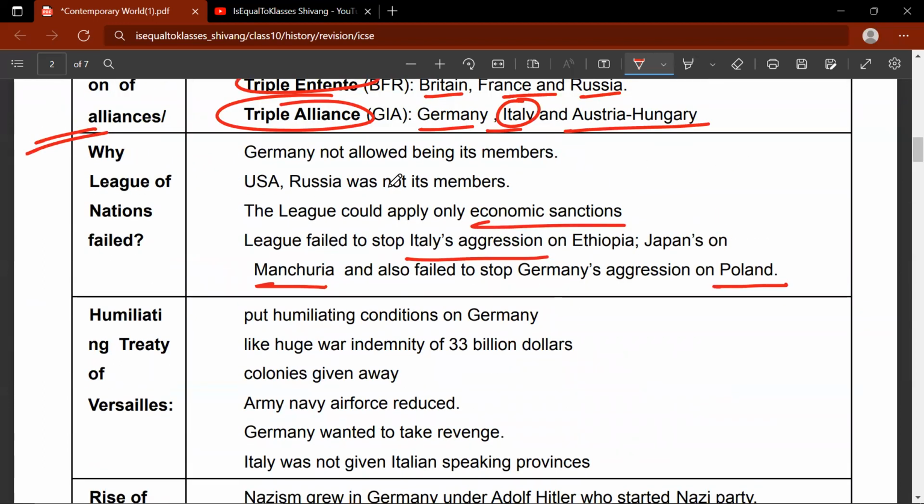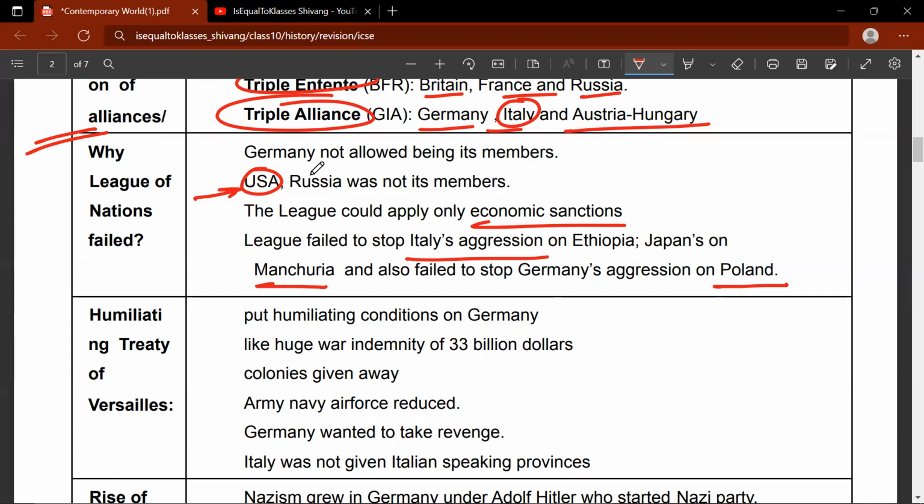Another reason, of course, that is not mentioned over here, or is briefly mentioned over here, is that the US Congress did not allow the United States of America to join the League of Nations. At that point of time, if a superpower joined the League of Nations, it added some credibility to the power and the standing of the League.